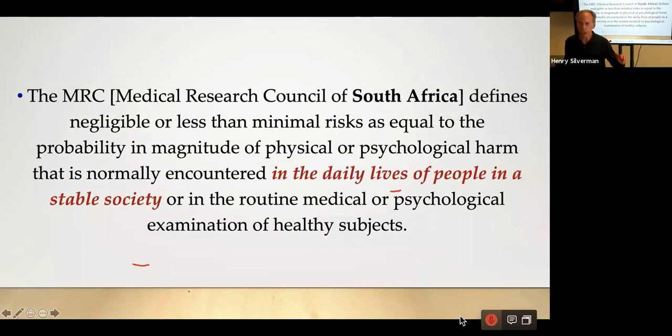So the concept is that you want to link it to an objective standard, so that when you evaluate a protocol for whether you expedite it, or whether it's permissible in children, or whether you want to waive the consent, you really need to have an objective standard.